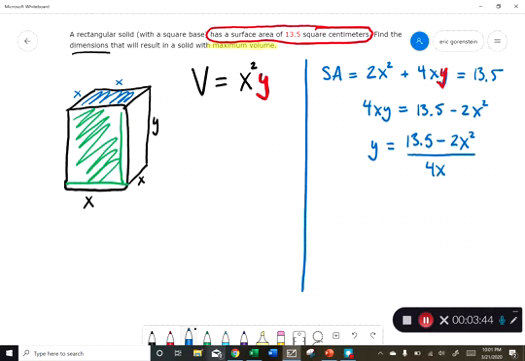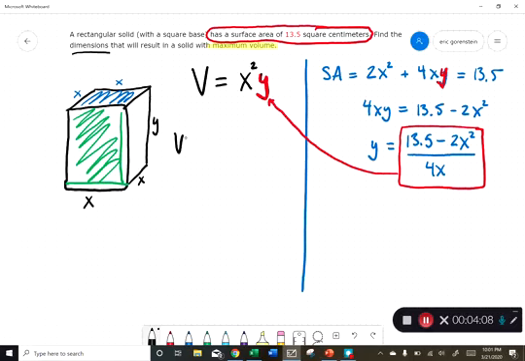Okay, and so basically what we're going to do is take this, which is equal to y, and pop it in right here, which gives us a little bit more complicated looking function, but it's simpler in the sense that we have only one variable, volume in terms of one variable.